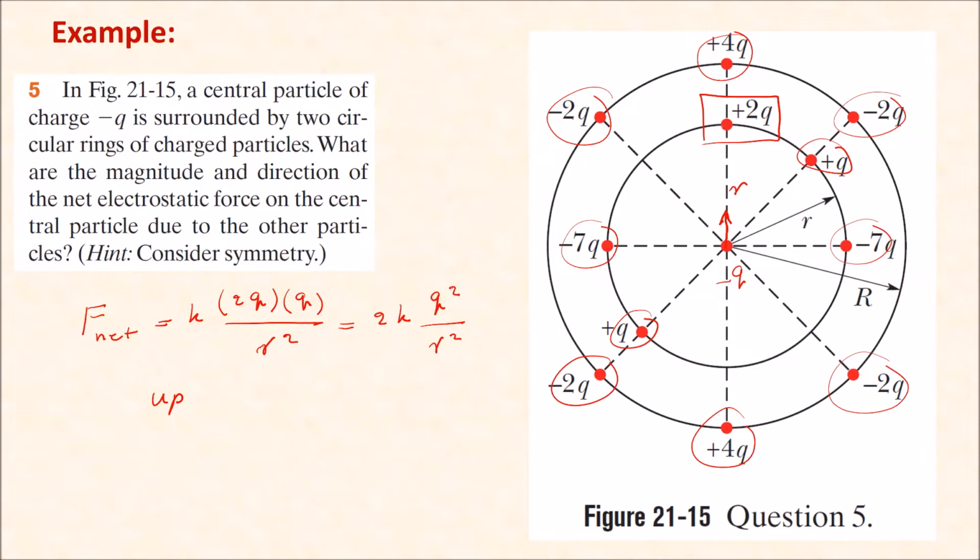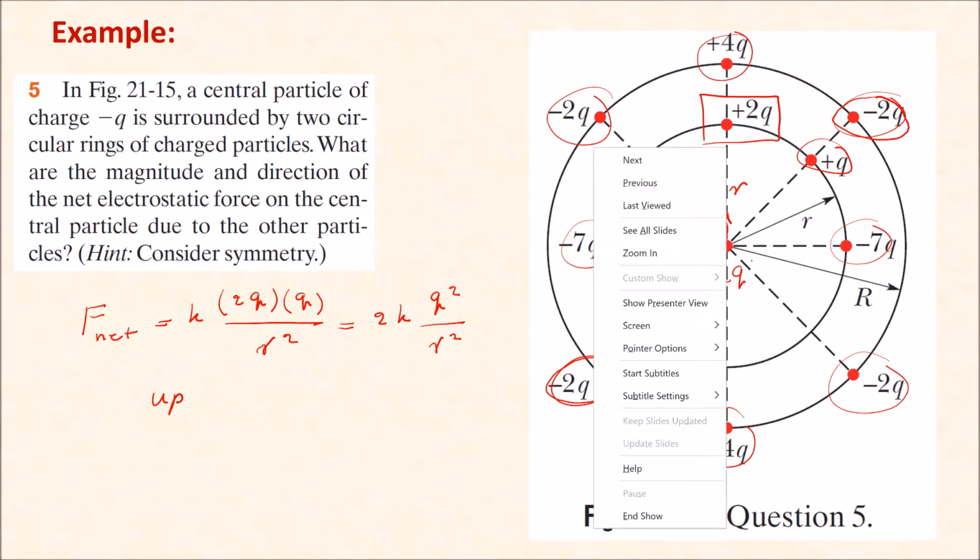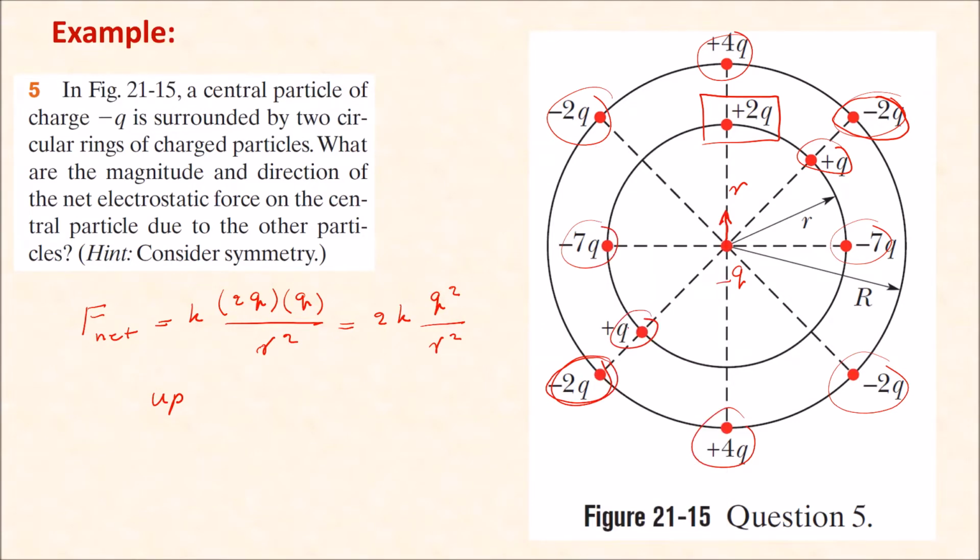I have a question. Does the sign of the charges matter in this case? That's right. The sign, yes. For example, if you look at this one and this one, both of them repel this central charge, right? So this one applies a force like that. This one applies a force like that. They both repel them.